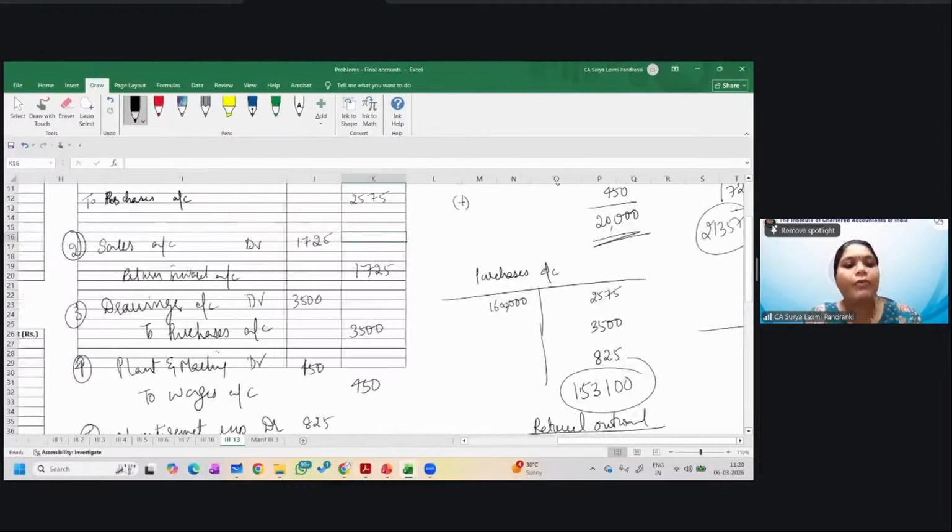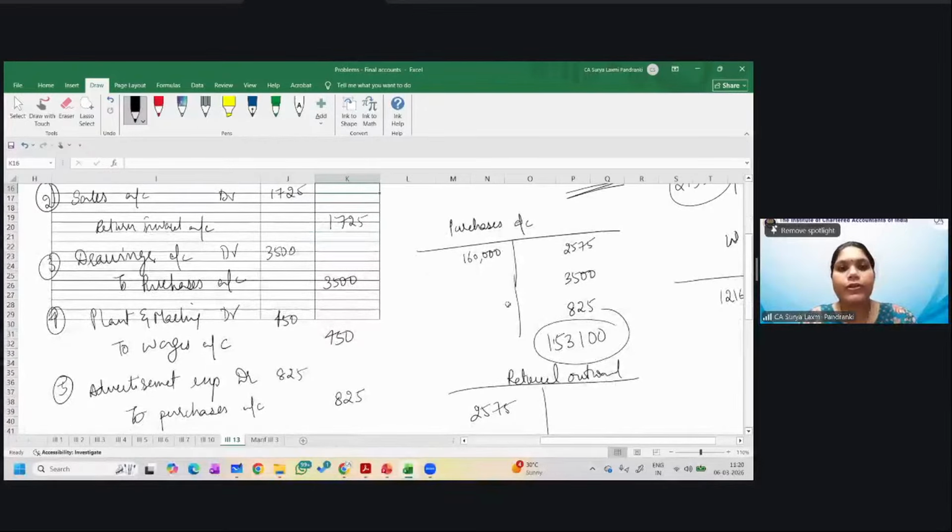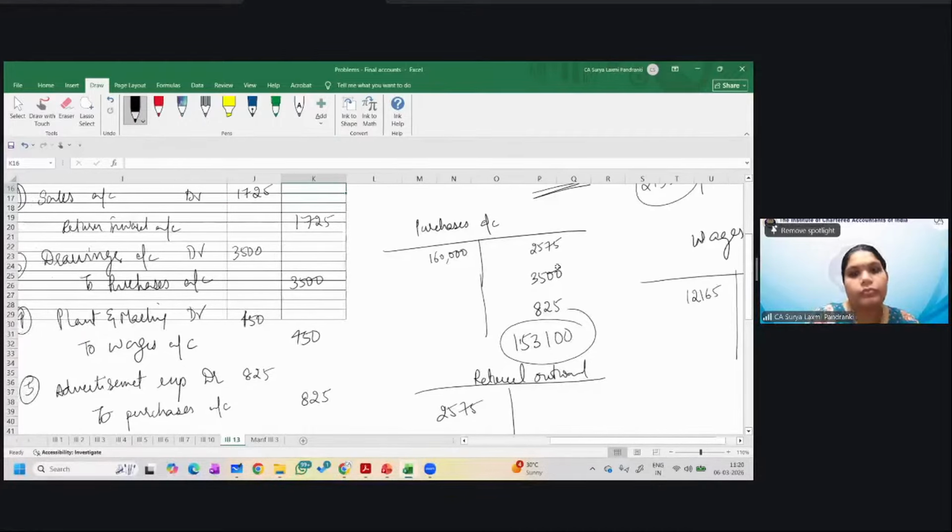You will have to reduce or add 450 to it. Reduce. How much? 450 should be reduced. What is the final balance?